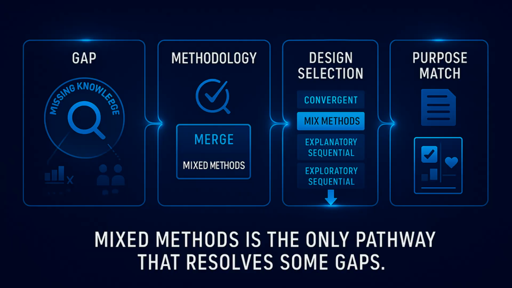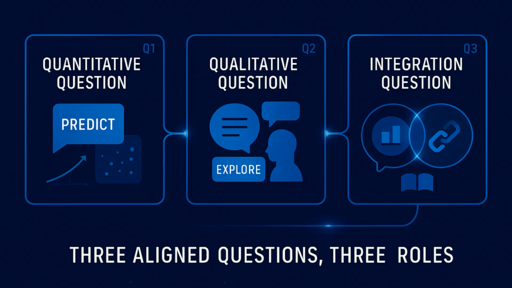Only when that methodological choice is made can you select the mixed methods design that best matches your purpose. And only then can you write the research questions. Mixed methods research questions are not written as a single question that tries to do everything. They are written as a set of three aligned questions that each serve a different role.